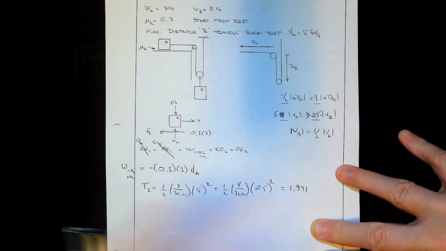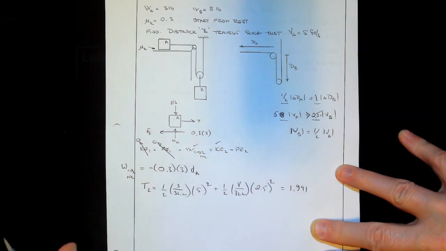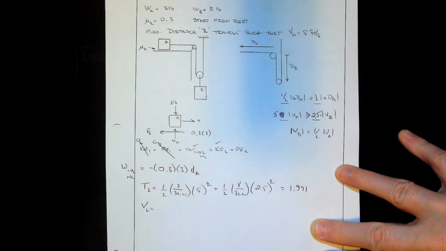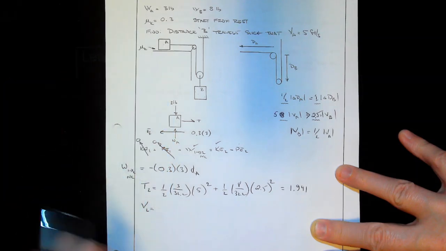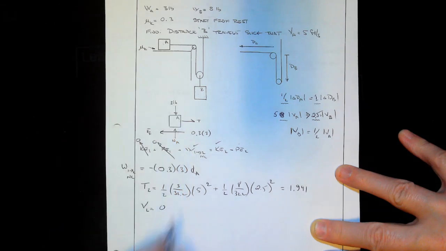Now we have to deal with PE2, or V2. This one, A, isn't changing in height, so there's nothing there. So I'll just add a 0 in here. And B is going down, so that'll be the weight, mg, and distance, b.